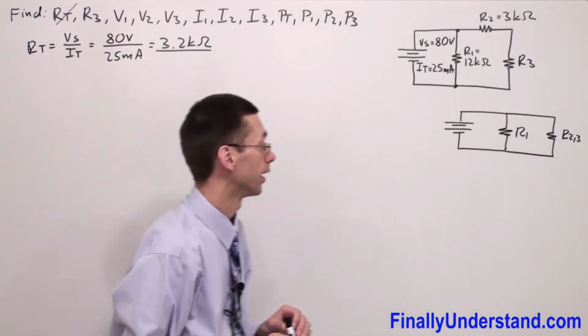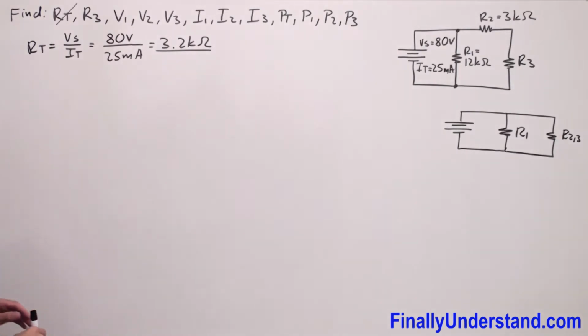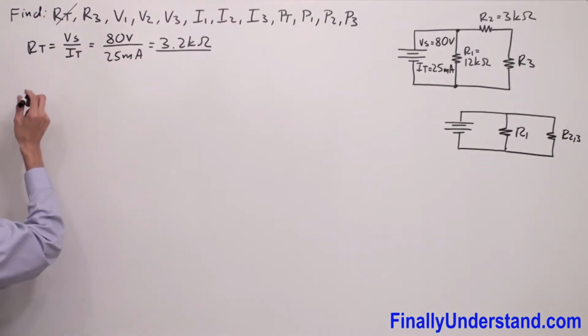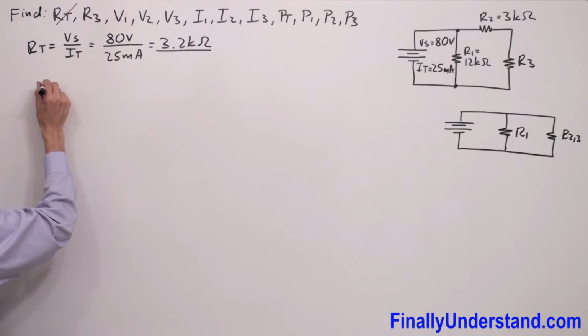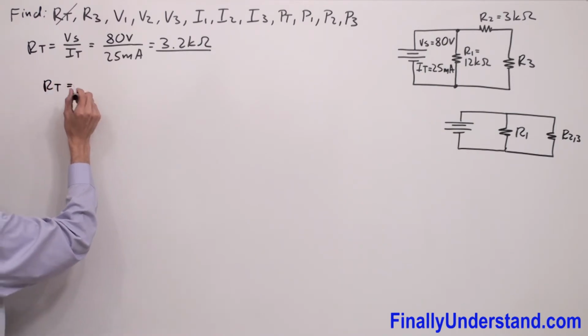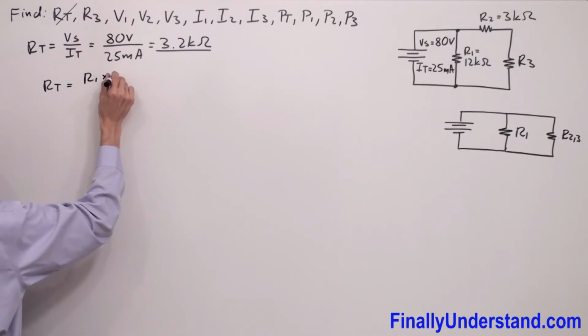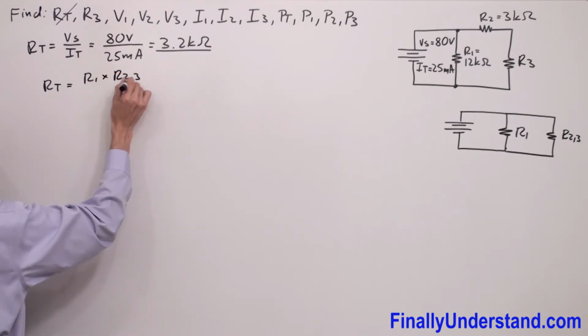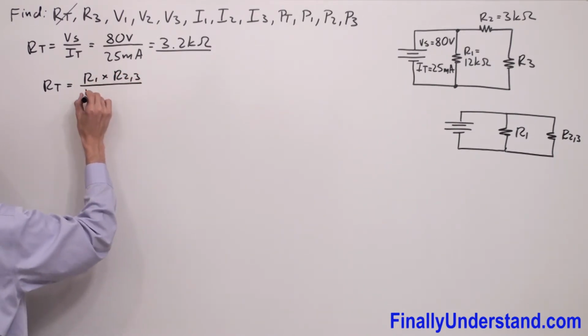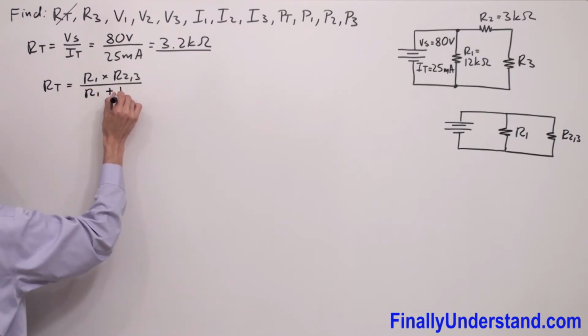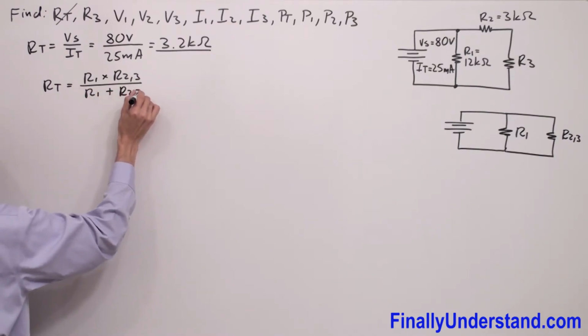That's why I can use the formula called product over the sum. The formula says R total is equal to R1 times R2,3 over R1 plus R2,3.